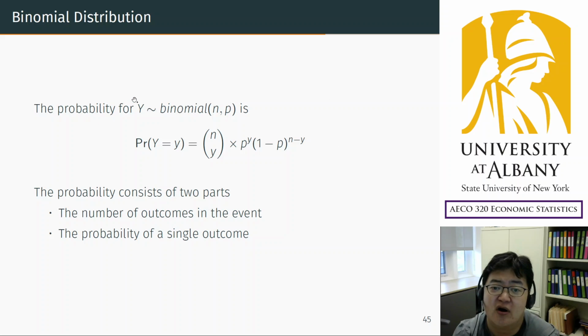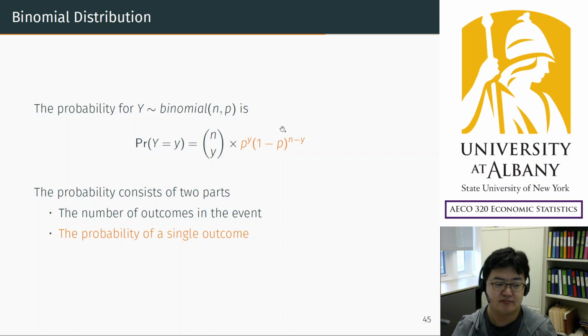So if a random variable y follows a binomial distribution with parameters n and p, then the probability that the number of successes equals y is given by n choose y, the number of outcomes in the event, times the probability of a single outcome, success y times, failure n minus y times.